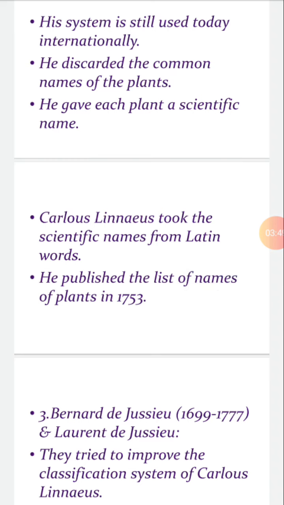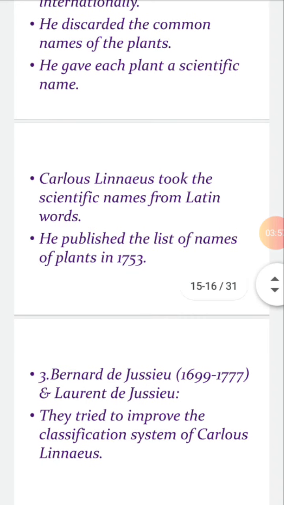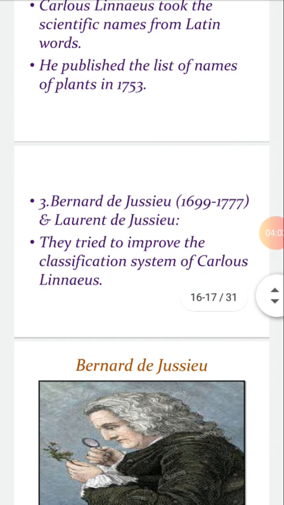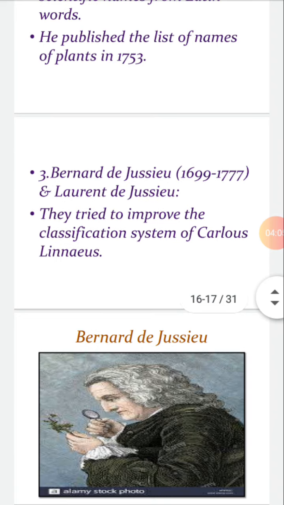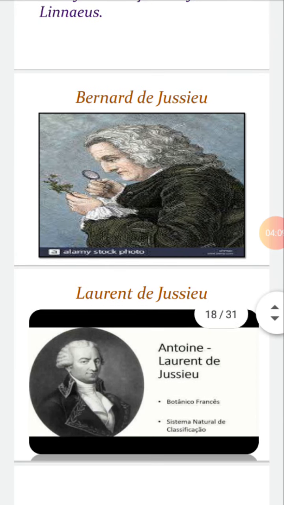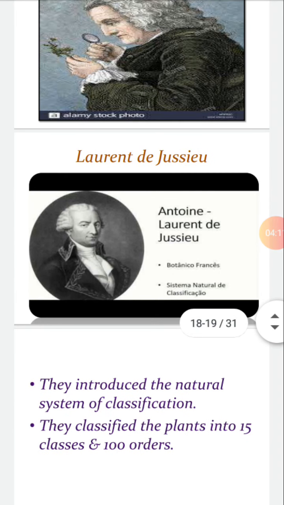Third scientist is Bernard de Jussieu, 1699 to 1777, and Laurent de Jussieu. They tried to improve the classification system of Carl Linnaeus. Now you can see pictures of Bernard de Jussieu and Laurent de Jussieu. They introduced the natural system of classification.